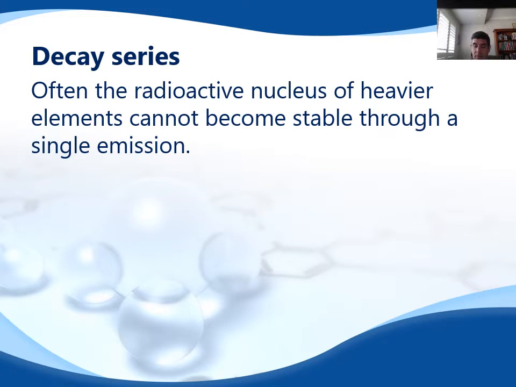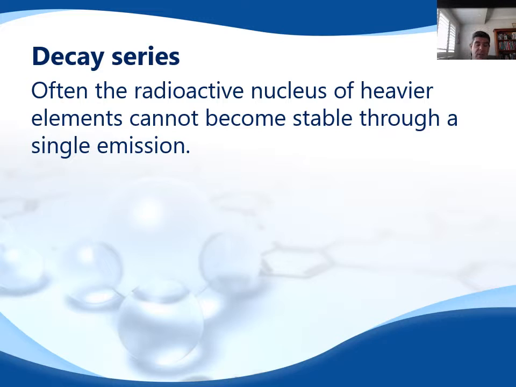So one of the things that we are trying to do, I guess, is to determine why certain atoms are radioactive or unstable, and what sort of radioactive particles they're likely to emit. Often the radioactive nucleus of heavy elements cannot become stable through a single emission.